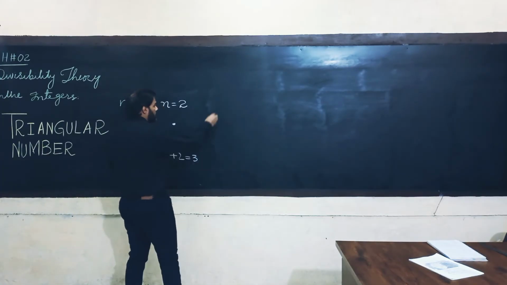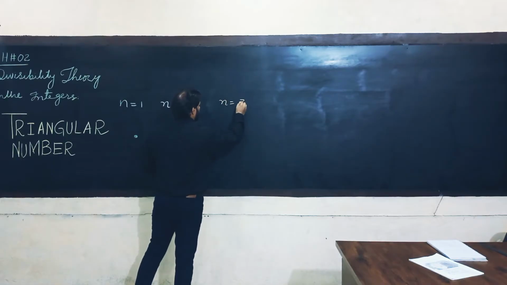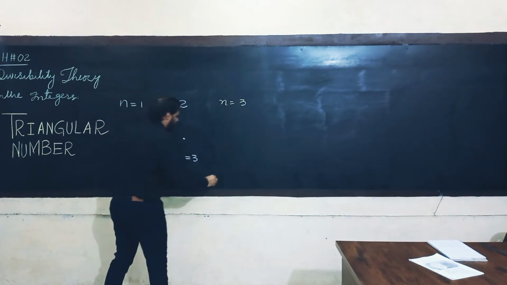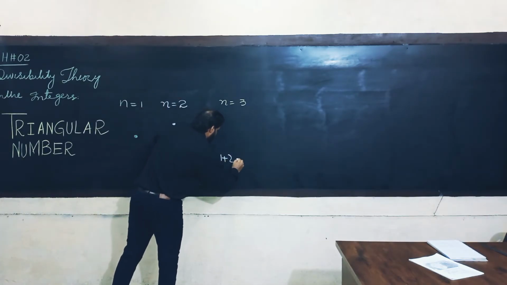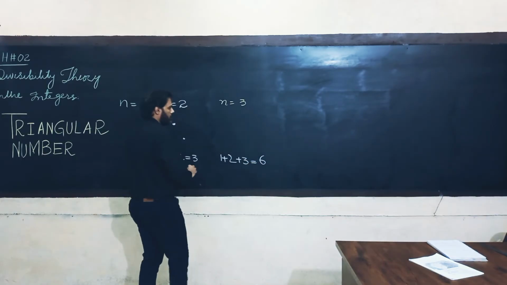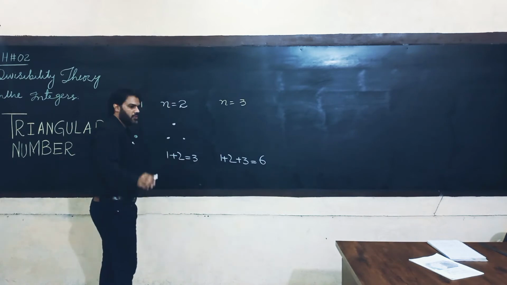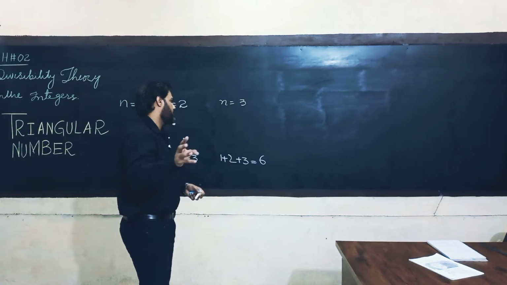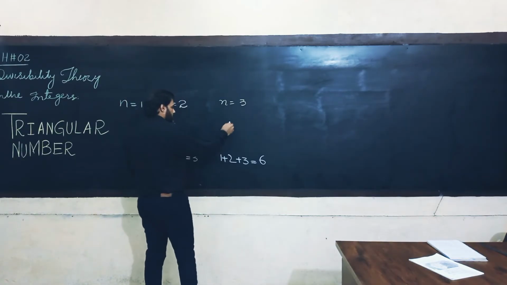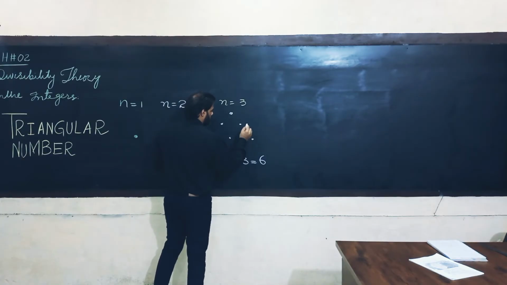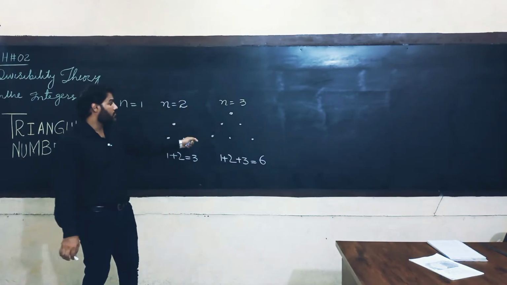When n is equal to 3, the number of dots is given by the sum of the first three integers, 1 plus 2 plus 3, which is equal to 6. Now the number of dots along every side of the equilateral triangle will be 3. This is the first dot. These are 2, and now these are 3. You can count, there are a total of 6 dots.